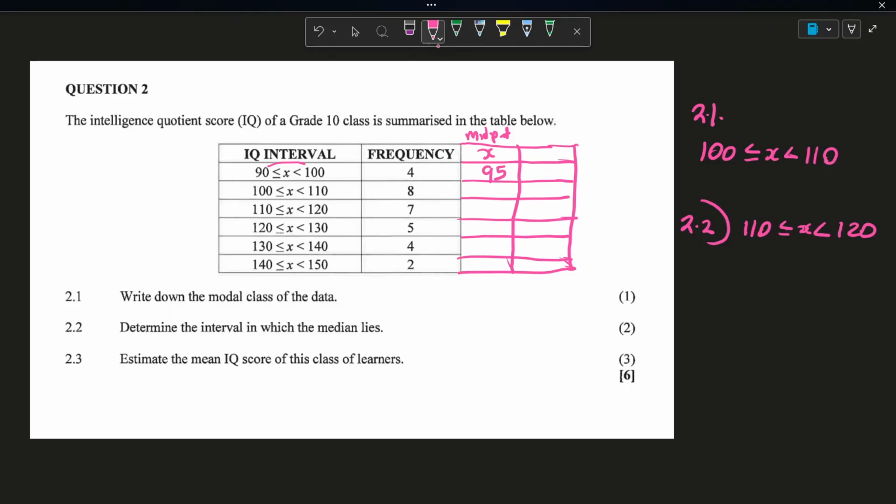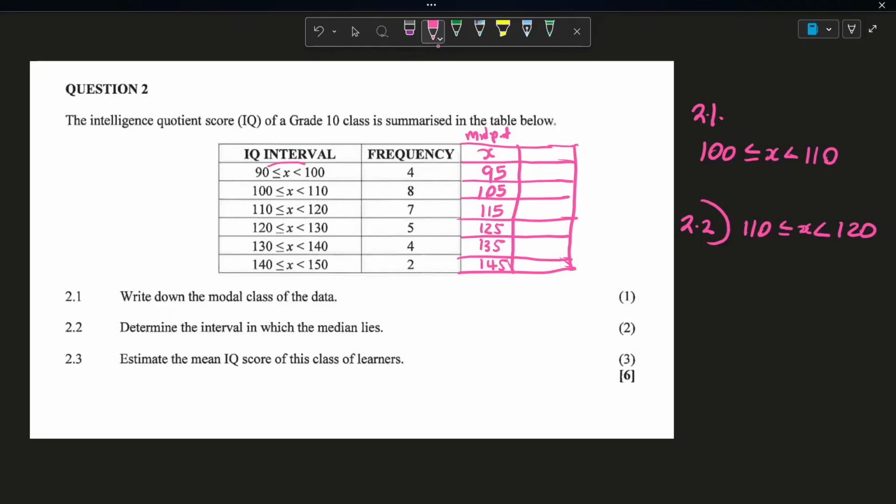Then you go to the next one: 100 plus 110, divide by 2, you get 105. So you write 105 on this one, and then here, obviously, it will be 115. Here it will be 125, here it will be 135, and the last one will be 145. This is what we do when we want to work out something like this.